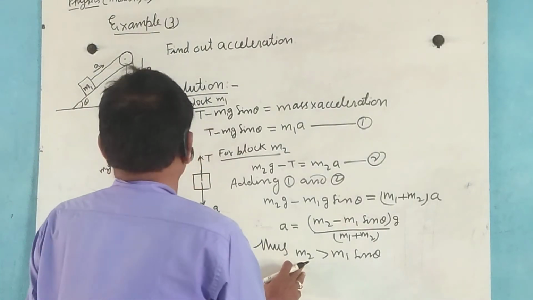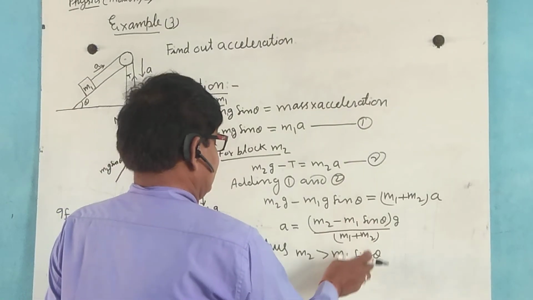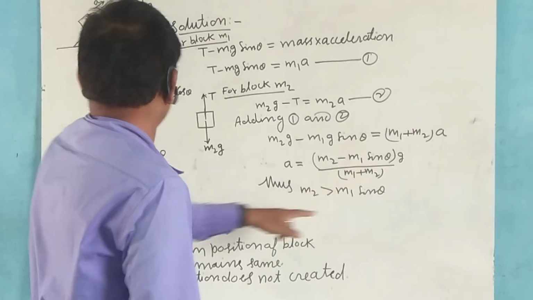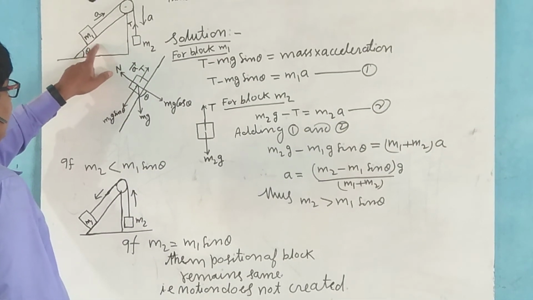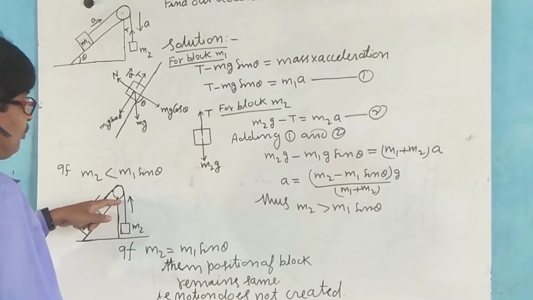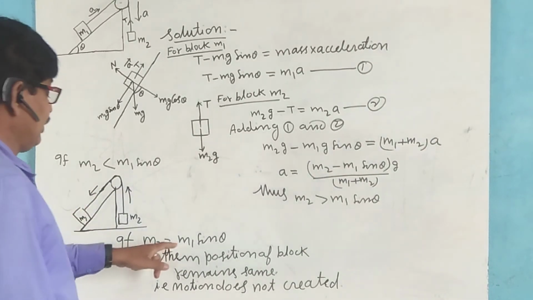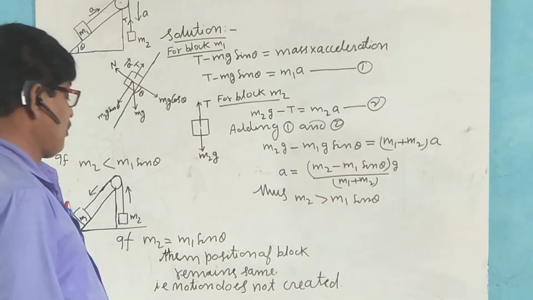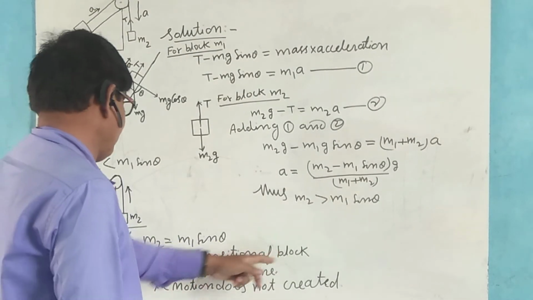Now, thus M2 greater than M1 sin theta. Now, if M2 is less than M1 sin theta, so that the block moves in this direction, this goes up and this goes down. If M2 is equal to M1 sin theta, in this case motion does not create, then the position of the block remains the same.